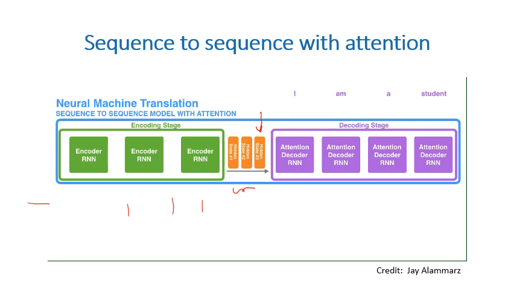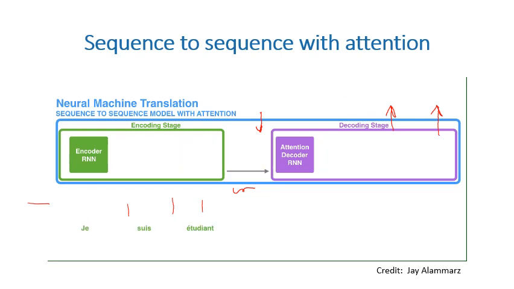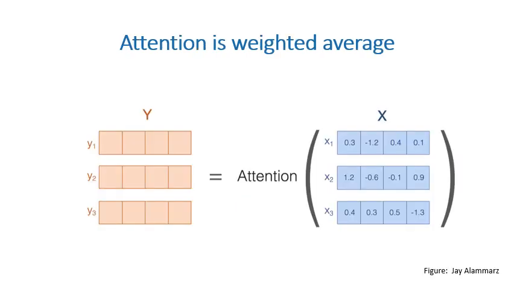In each step of the decoder, when I want to predict this word, or this word, I compute a weighted average of all of the hidden states and then pass it to the decoder.